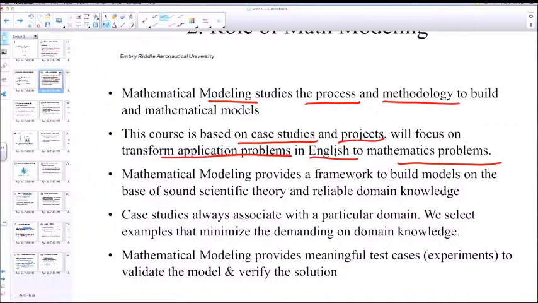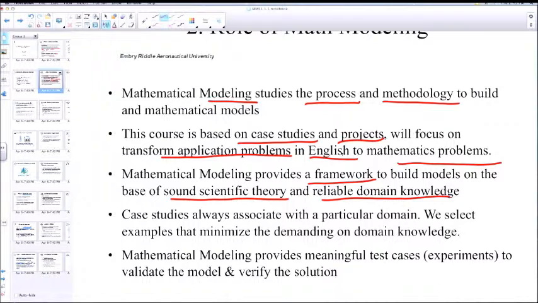The process of mathematical modeling gives you a framework to build models based on sound scientific theory. We call it the first principles. And also build on your reliable domain knowledge, or sometimes it depends on experience. Nothing can substitute experience, by the way.